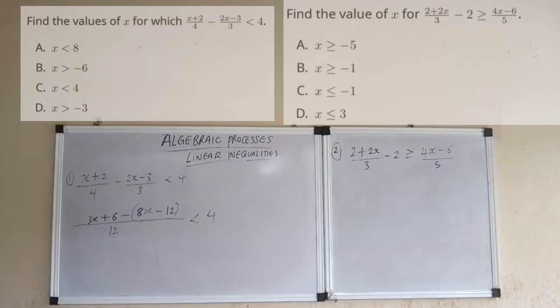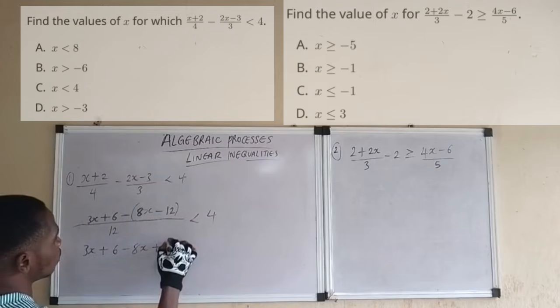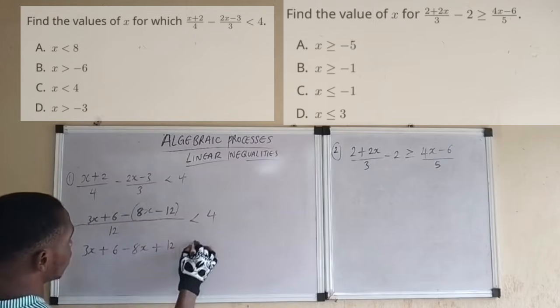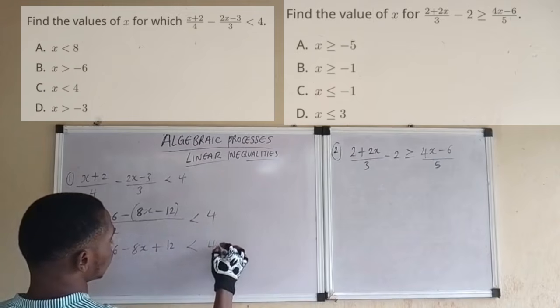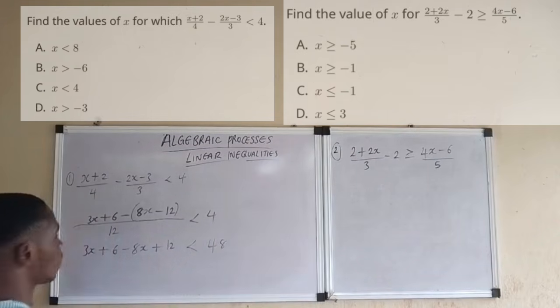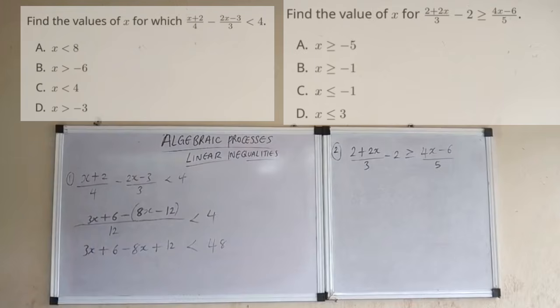Okay, so what you're going to do next is cross multiply. All right, so we are going to be having 3x plus 6. Then we use minus to expand everything. Minus 8x, minus times minus is plus 12. All right, less than 48. Okay, so you collect like terms.